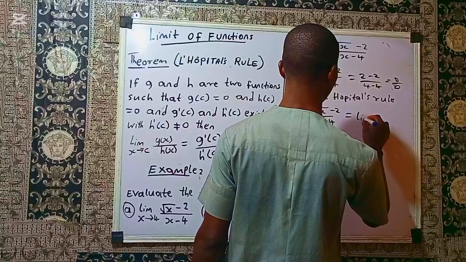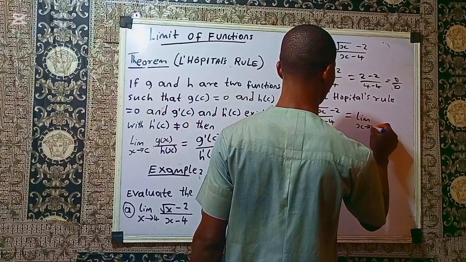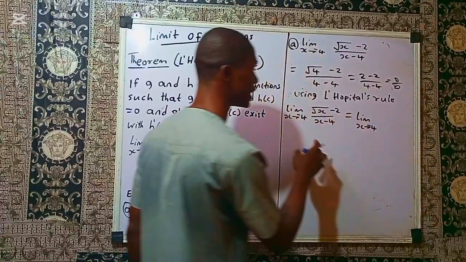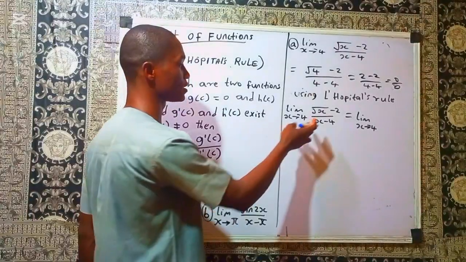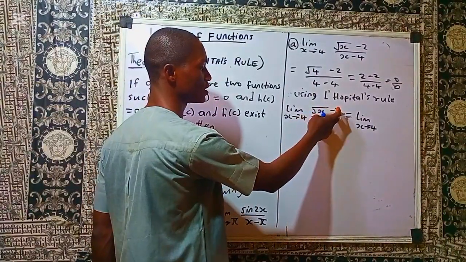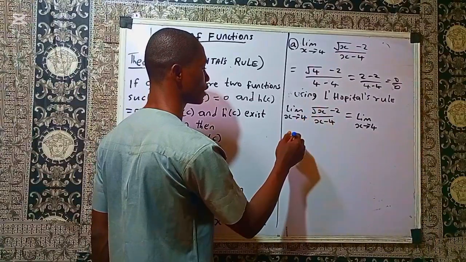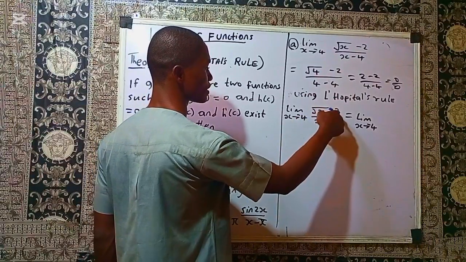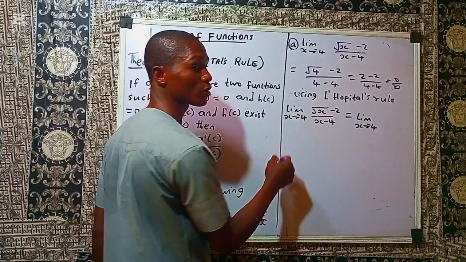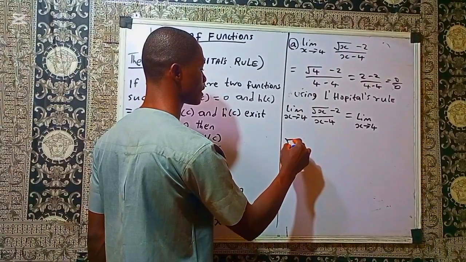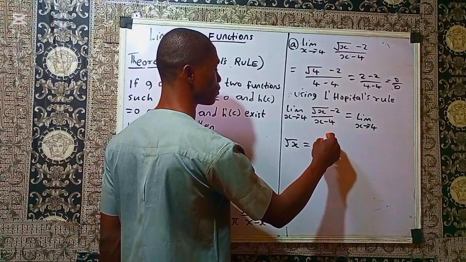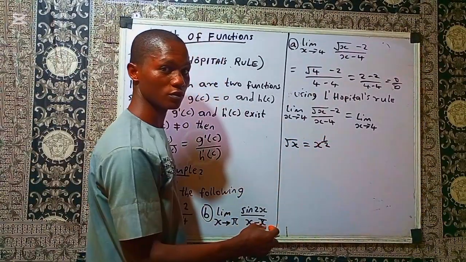So we are going to have limit as x goes to 4 of the derivative. We differentiate this. Let's differentiate the numerator. Numerator is square root of x minus 2. Let's differentiate square root of x. Square root of x is the same thing as x raised to power 1 over 2.